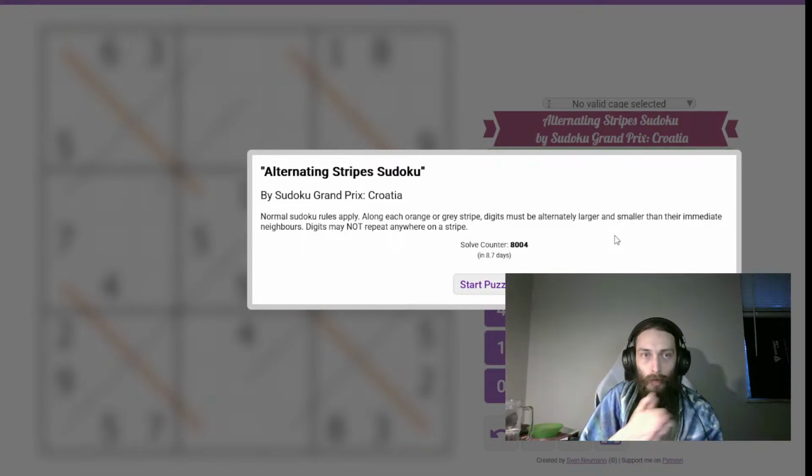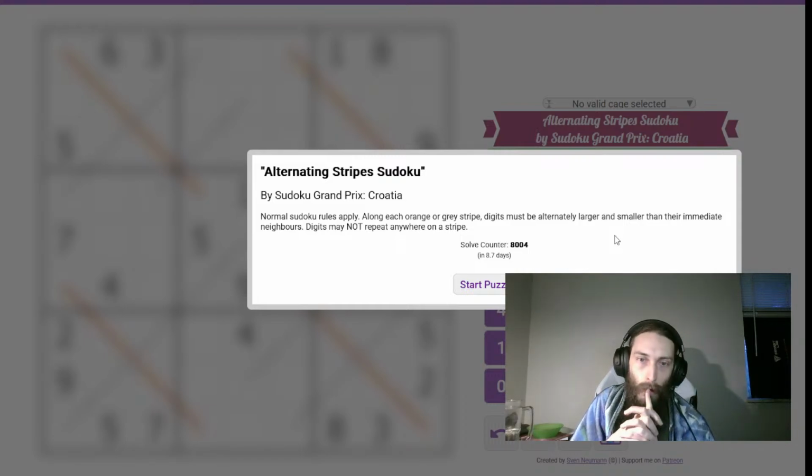But then it couldn't go 1, 9, 2. Right, yeah. So yeah, because it's smaller than both. Oh, larger and smaller.